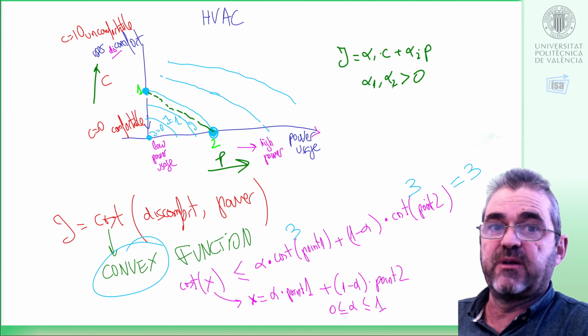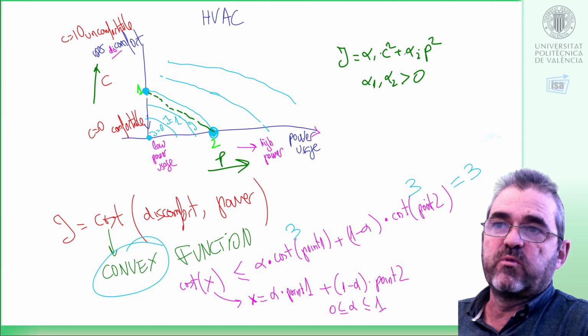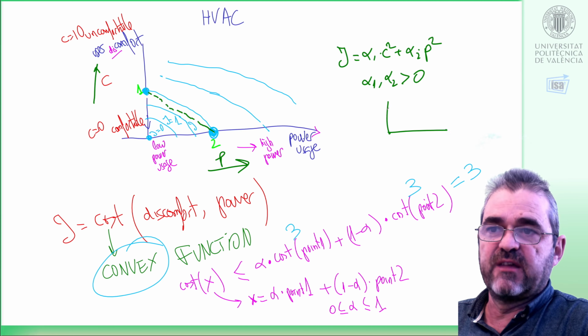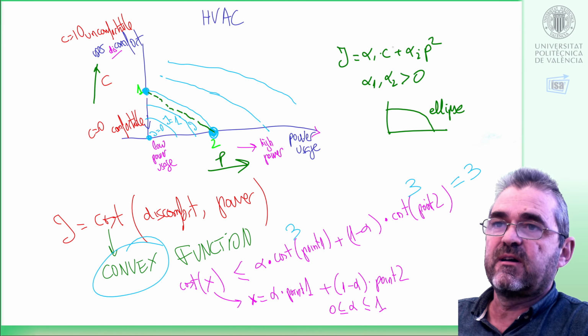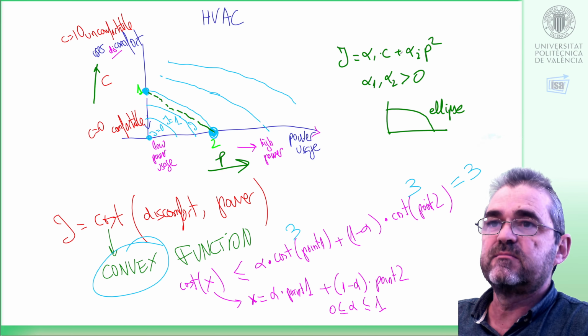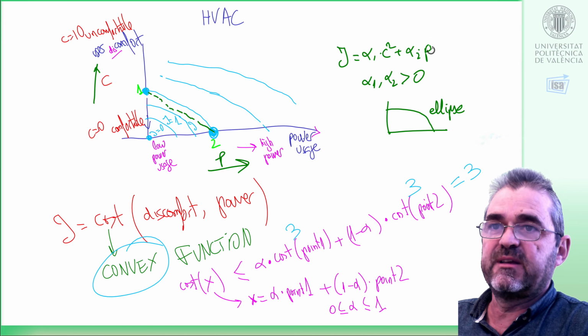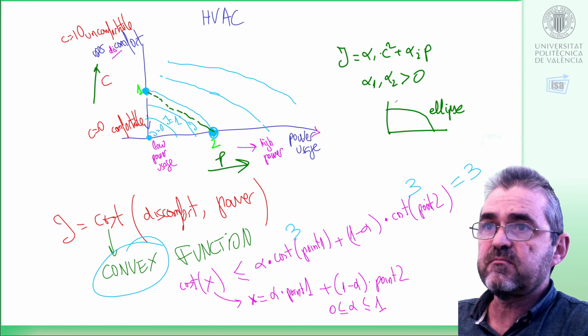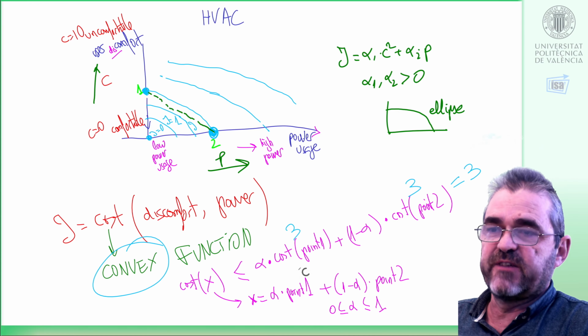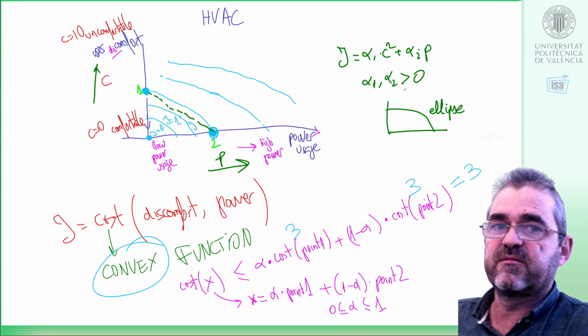But I can also get a convex function with, let's say, the square, so the level sets will have the form of an ellipse. I can remove the square here, so I will have a parabola, or equally, if I have it here, I will have another type of parabola. All of them verifying this convexity if these coefficients are positive.